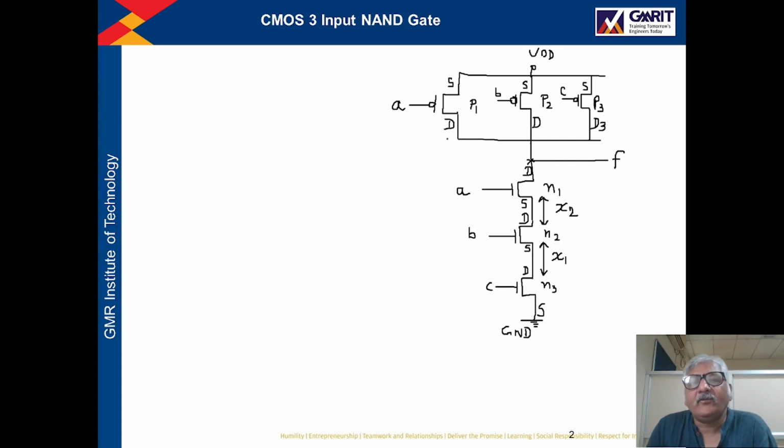Apart from these, you can see all the other terminals are connected either to the output or to the input or to the VDD or to the ground, right? Okay, so this is the circuit diagram of the 3-input CMOS NAND gate. Now we will see the code.